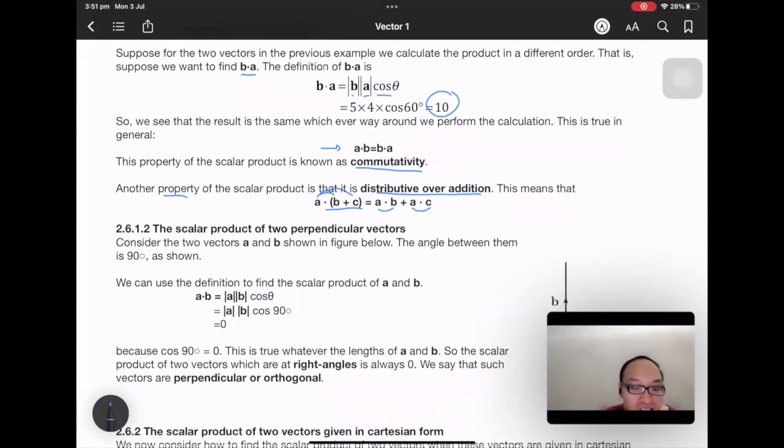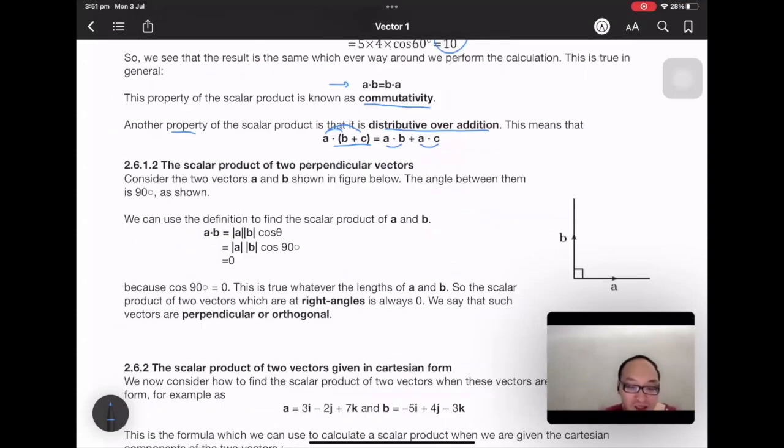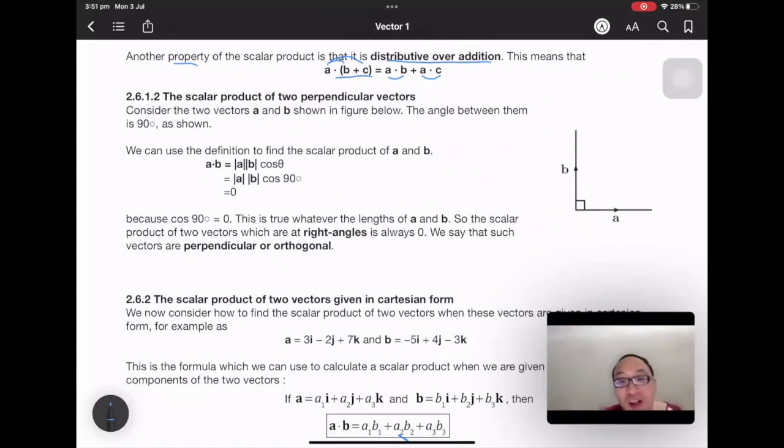Second, the scalar product of two perpendicular vectors. We know that two perpendicular vectors have an angle of 90 degrees. So A, B, and the angle between them is 90 degrees. So if we put it into the definition of scalar product, we will have A times B times cos 90.